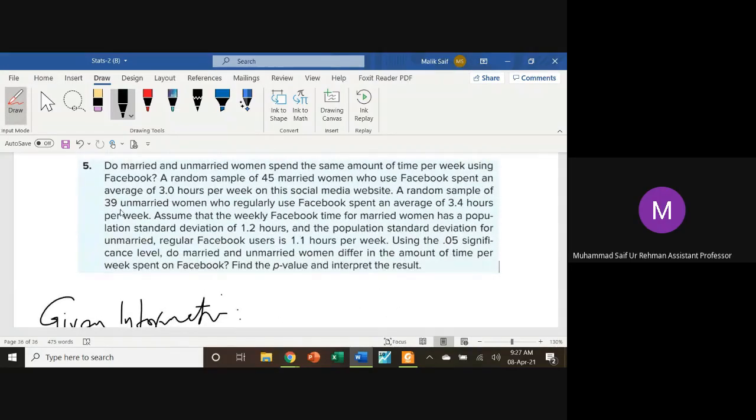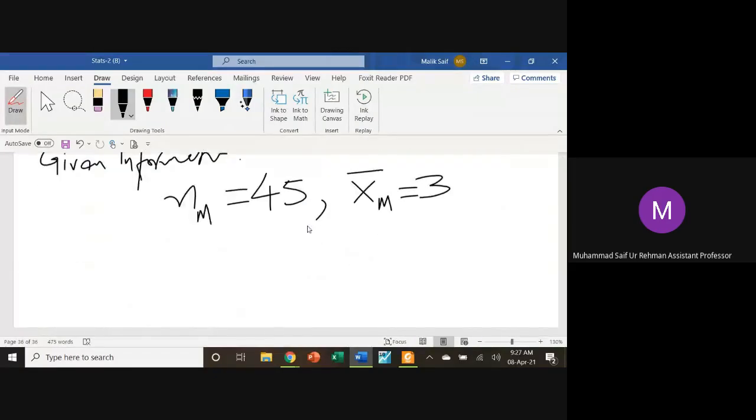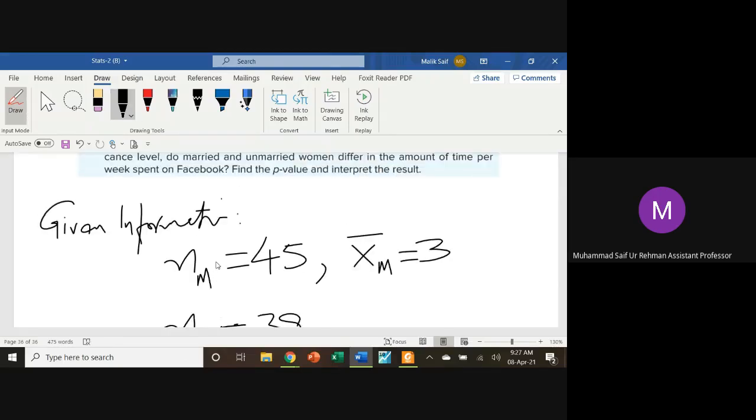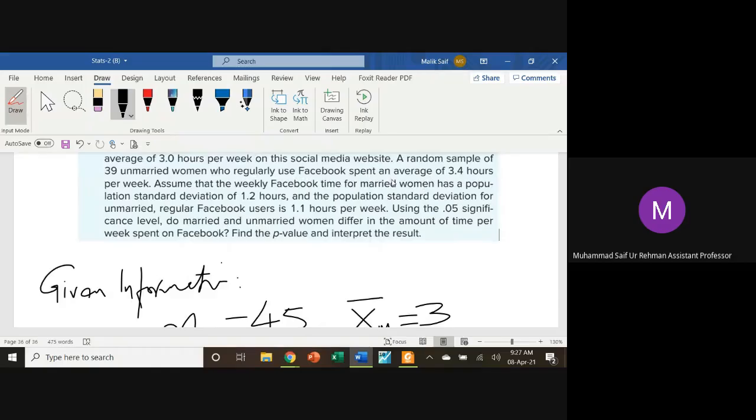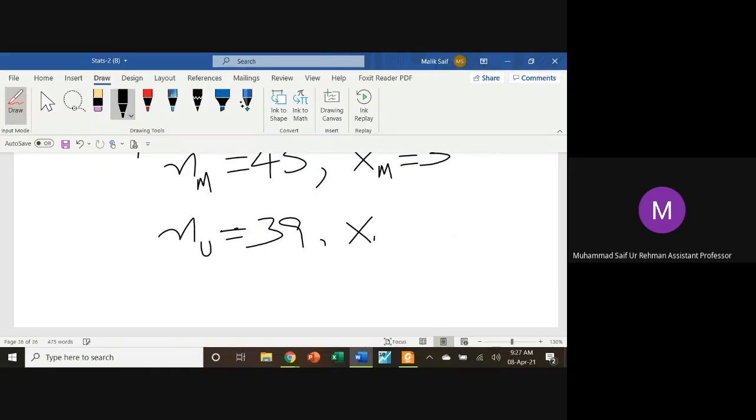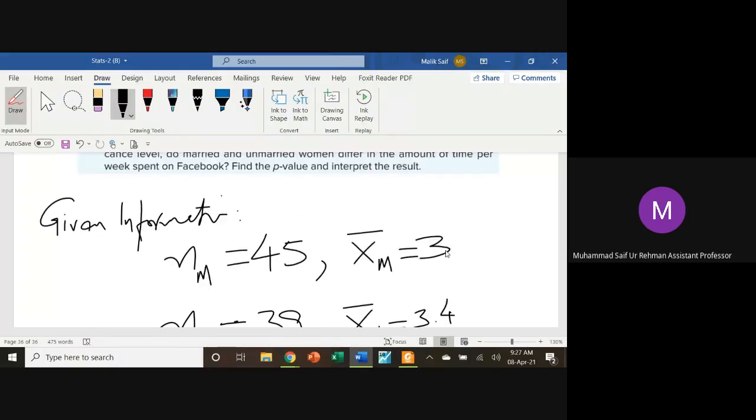A random sample of 39 unmarried women, so I am writing n with subscript U, capital. Unmarried women, how many are they? 39. Then they spent an average of 3.4 hours. So in this case, x U bar will be 3.4 hours.